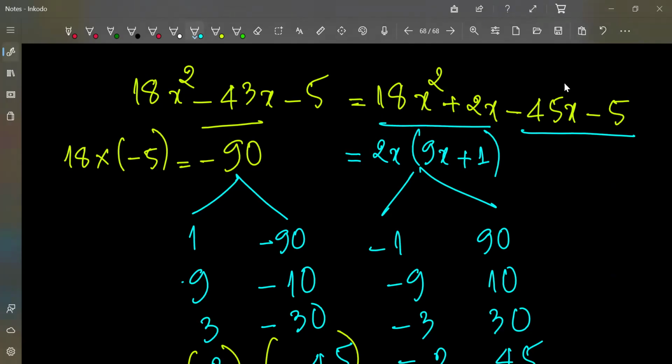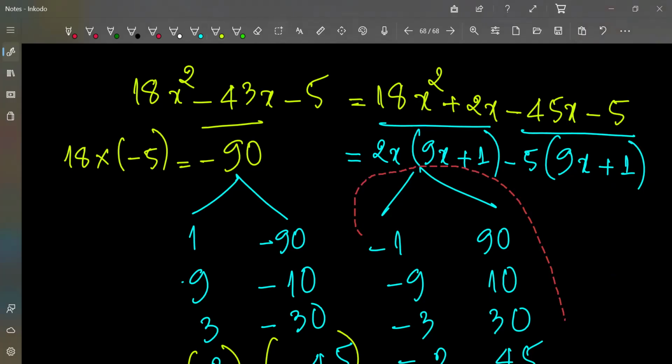And for these two terms, negative 5 is the common factor. So now let's factor it out. We get negative 5 multiplied by 9x plus 1. Okay. After that, let's factor it again.